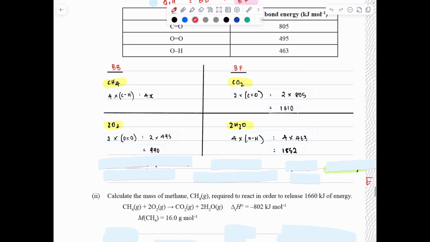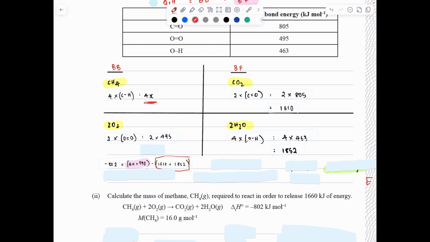Okay, so we've got the delta RH as given by the question, and then we've got the bonds broken over here. So it's 4x plus 990, and I've written that here. Okay, and if you write the expression, that's worth an achieved. Okay, so bonds broken minus bonds formed.